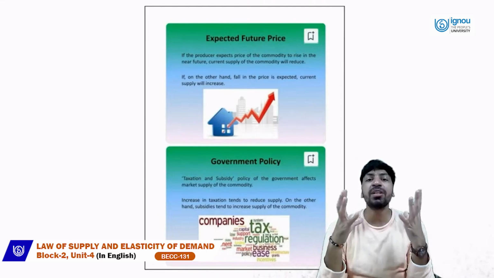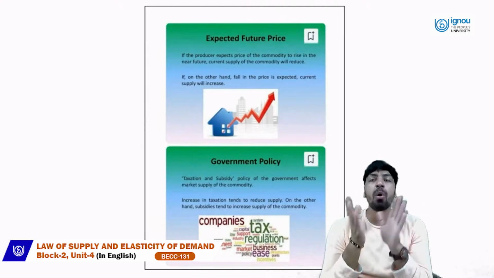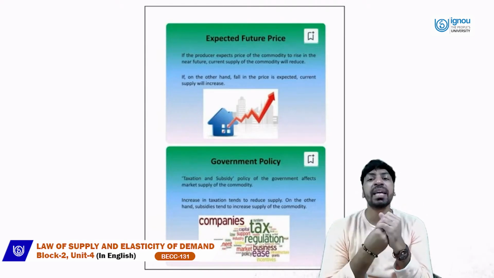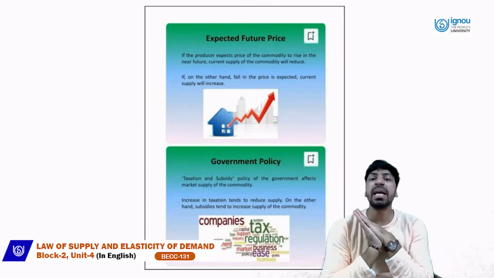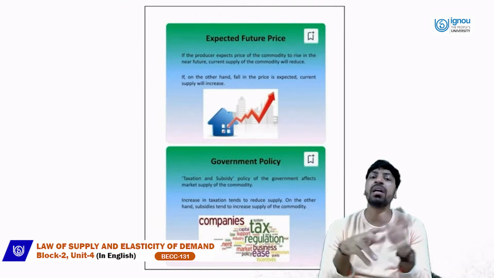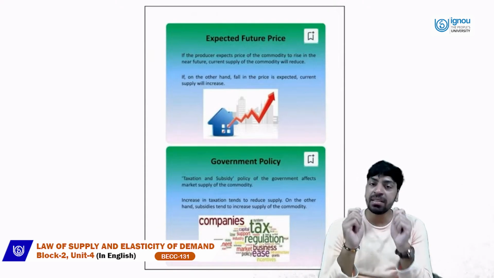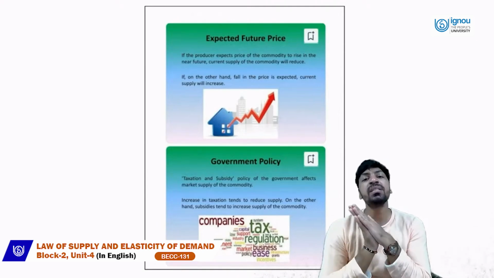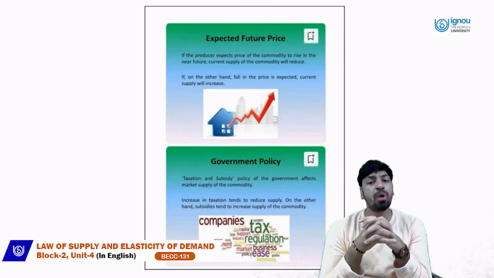So any expectations of an increase or decrease in the near future, and accordingly, the current supply of that particular commodity would get reduced or increased. It totally depends upon the expectation of the changes in the prices in the near future, and accordingly, the current supply of the commodity would get changed. As a result, the supply would also get influenced by the prediction about the future prices of a particular commodity.